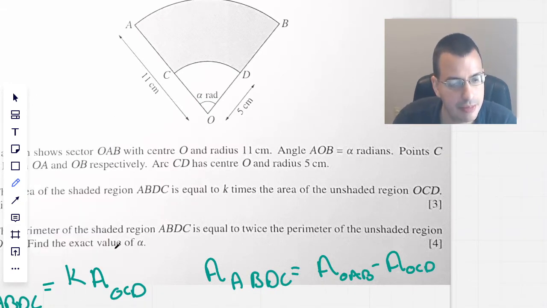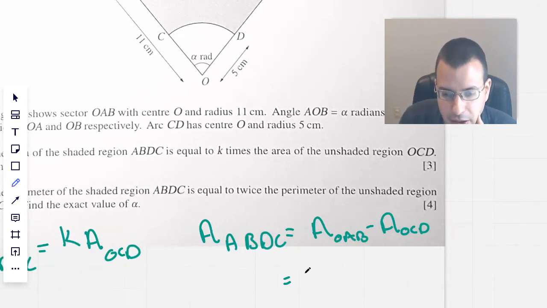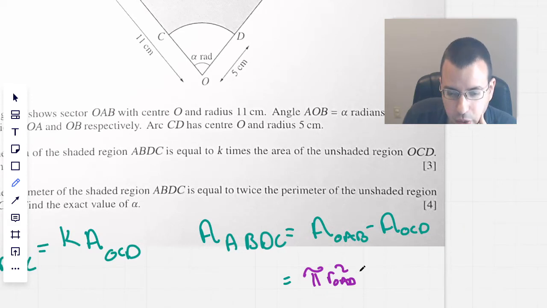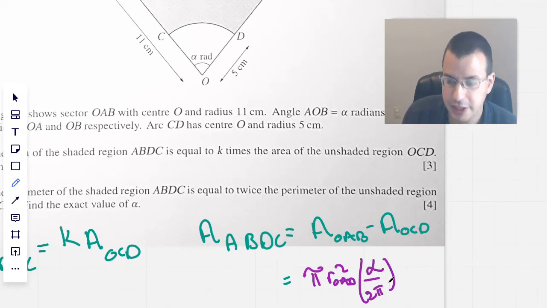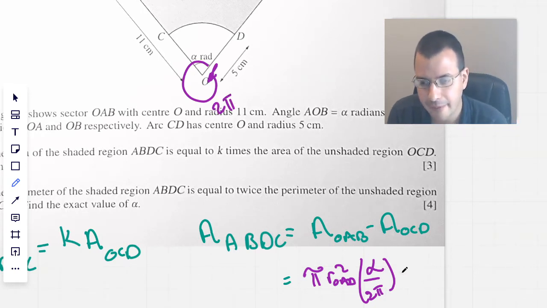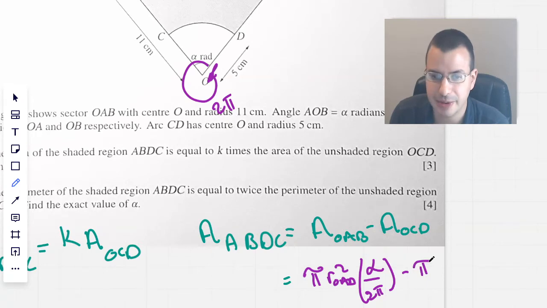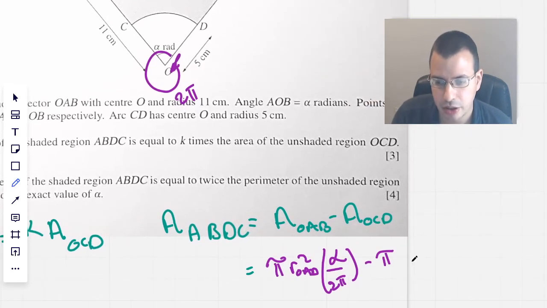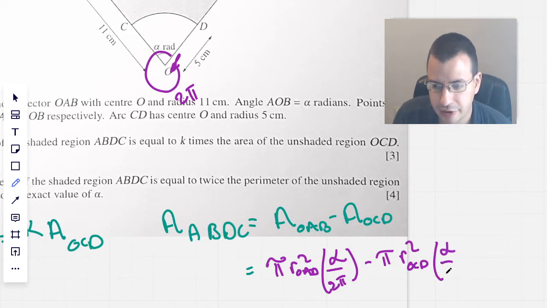For the area of OAB, that's pi times the radius of OAB squared, times the ratio of the angle, which in this case is alpha, to the angle of the full circle, which is 2 pi. So alpha over 2 pi. Minus, and then we do the same thing for OCD: the radius of OCD squared, times alpha over 2 pi.